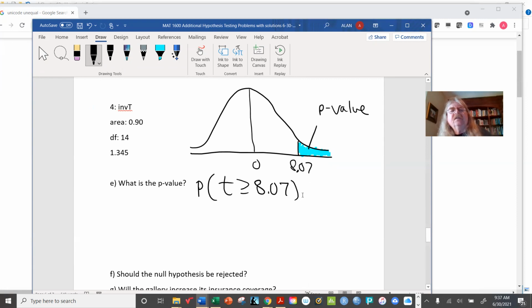The function that you're looking for is second vars, tcdf, which is number 6.